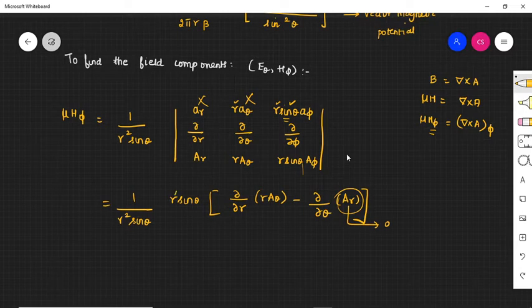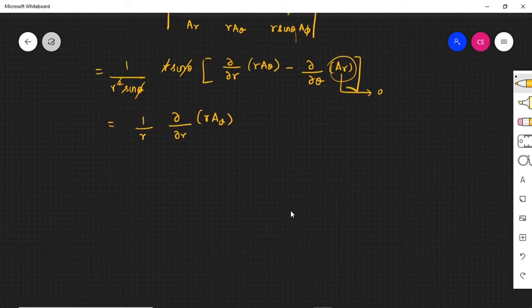So we can cancel out this r and r square, sine theta and sine theta. So this is 1 by r, and the left out terms are dou by dou r of r into A theta. So this can be simplified as, let me scroll down.